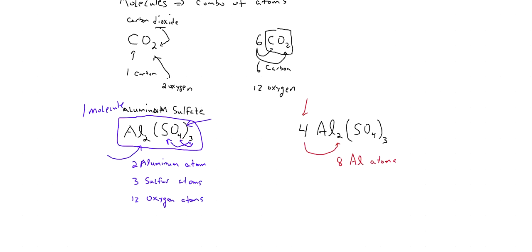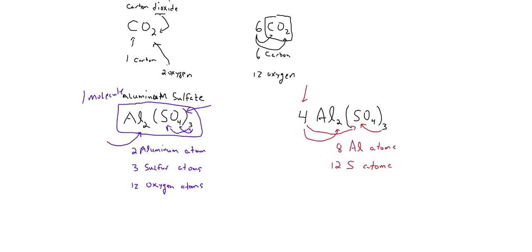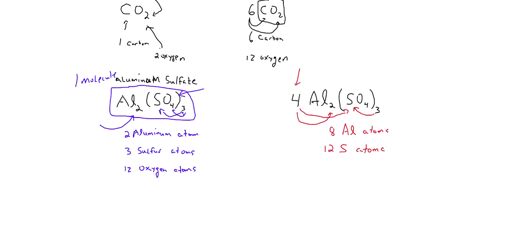Now remember, one molecule had 3 sulfur atoms, but now we've got 3 times 4 and that makes 12 sulfur atoms. So 4 of these molecules has 4 times 3 is 12 sulfur atoms. And one molecule of aluminum sulfate has 3 times 4, 12 oxygens.